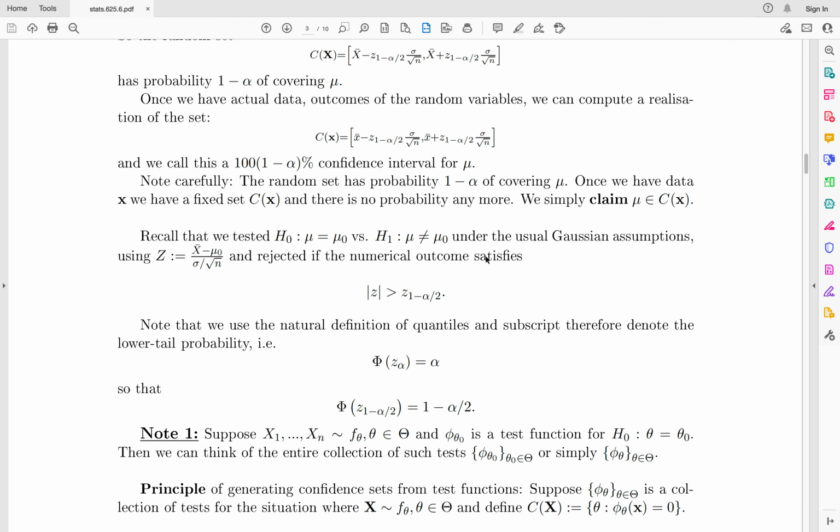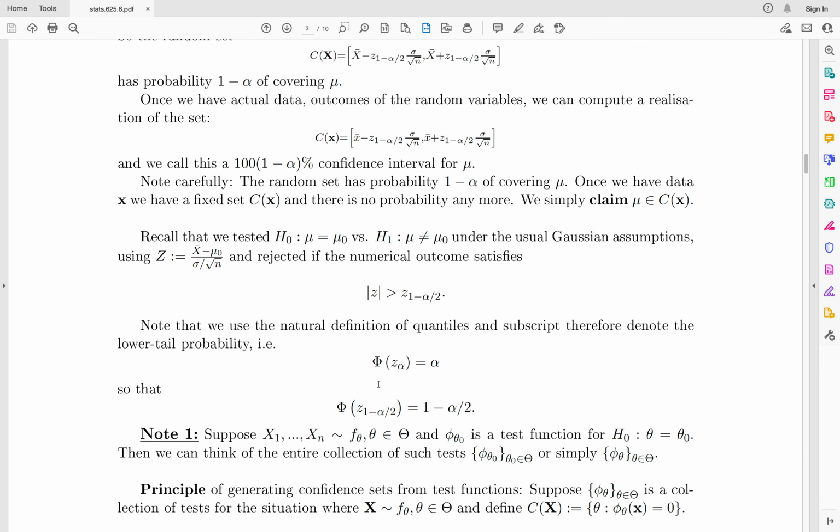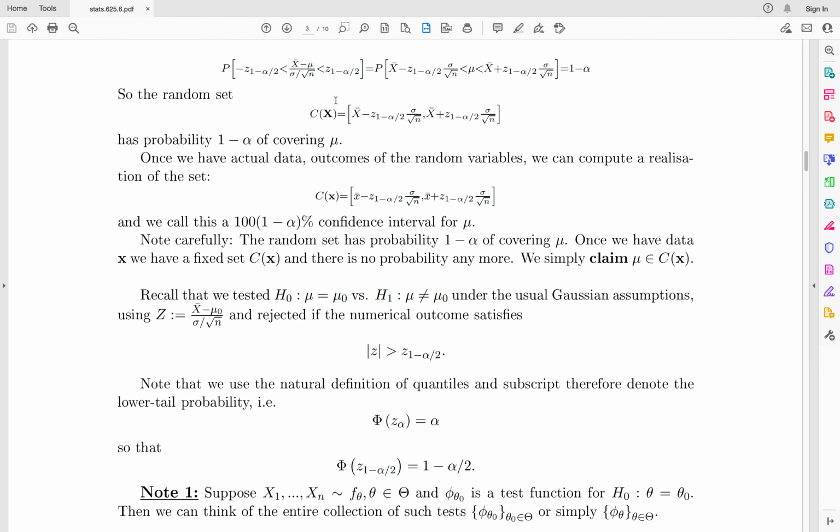So we can also convert tests, and we've done this in elementary stats courses, where if the null hypothesis is true, then we have a random variable which has a normal 0-1 distribution, and we can then convert the test. This really corresponds to starting with the test statistic in the middle here, and then converting that to the confidence interval.